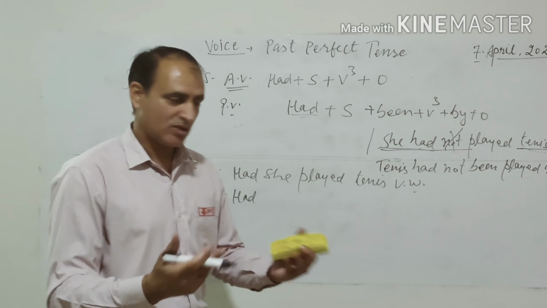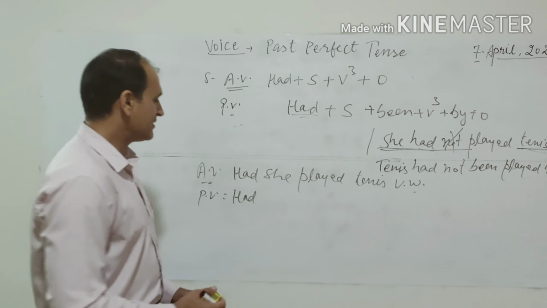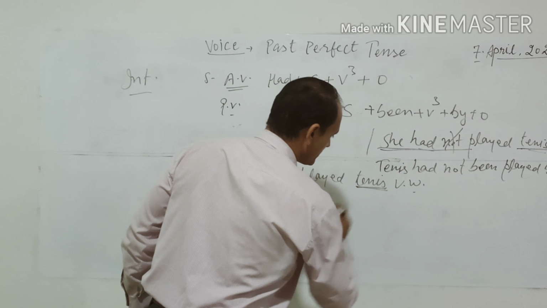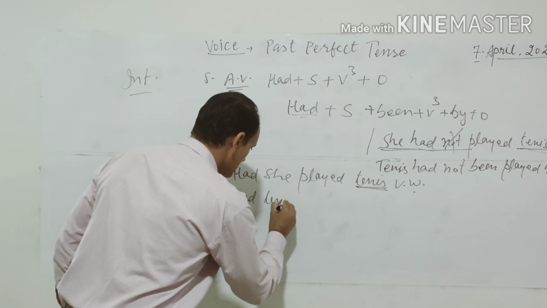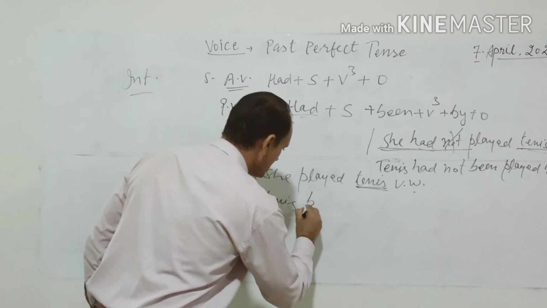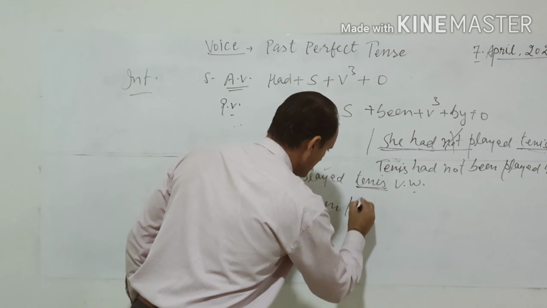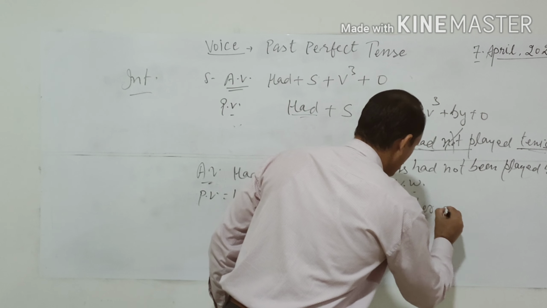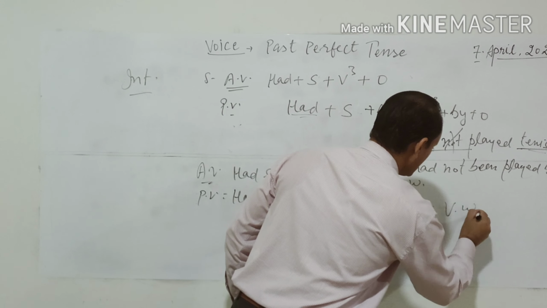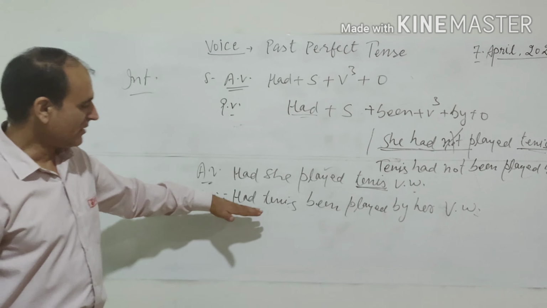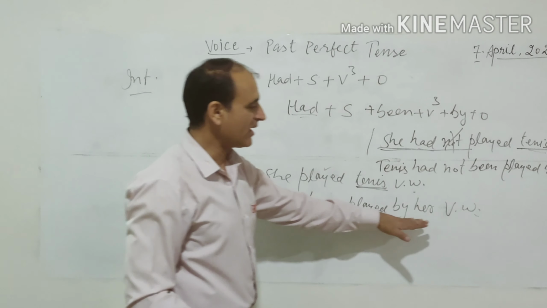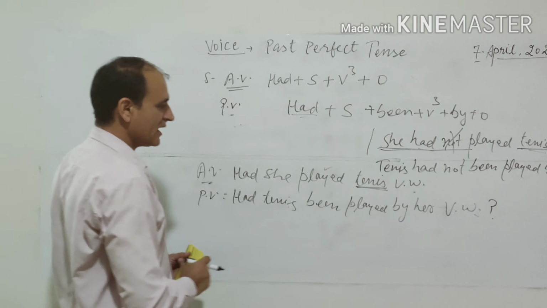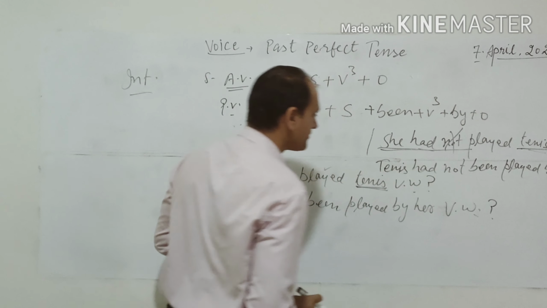It's very easy because for all the cases we use only had. Then the object is tennis, so had tennis been, then the third form of the verb, and by her very well. So the passive form has become: had tennis been played by her very well? With a question mark over here. Even in active voice also we have to put a question mark on it.